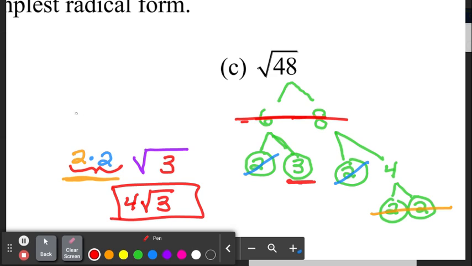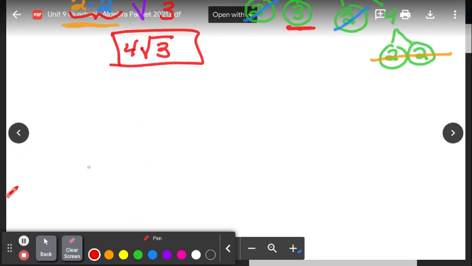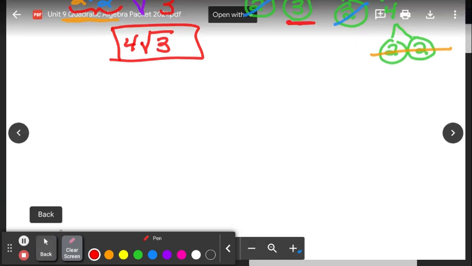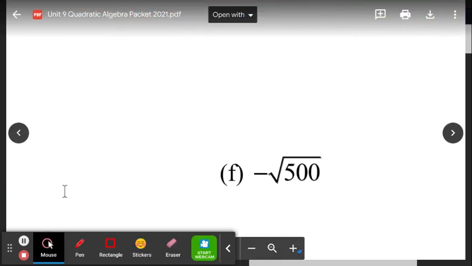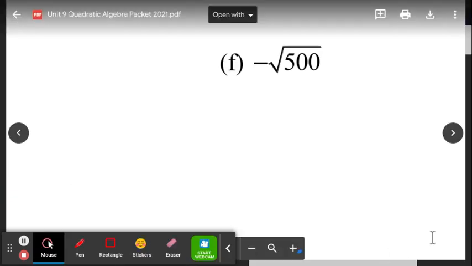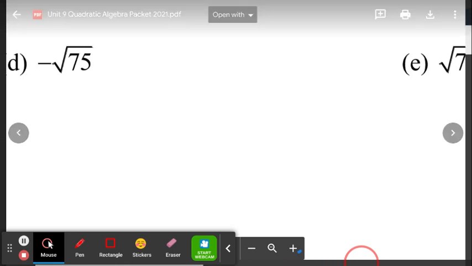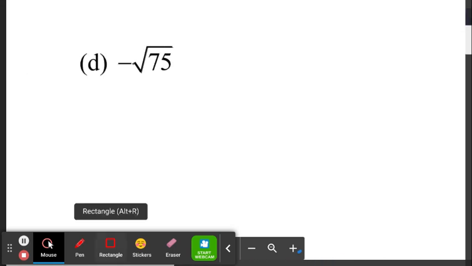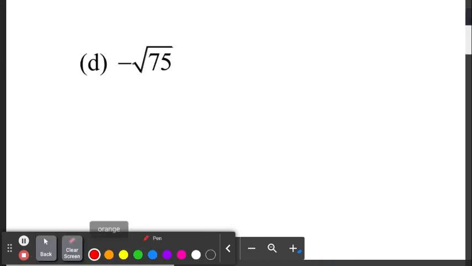Let's do another practice. I'm going to do letter D. I screwed up my alphabetical order, and then I want to do the other letter A. So let me see if I can find it. There we go. So let's do square root of 75. 3 times 25. 3 quarters makes 75 cents.